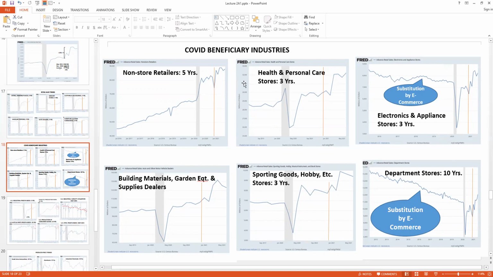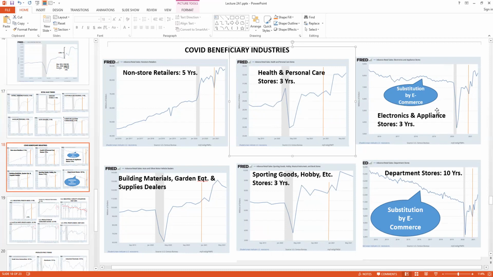Health and personal care stores. I imagine drugstores are here, but so also are the stores that sell health aids and that sort of thing. There's been a lot more concern about our personal health, and you can see that industry has benefited.